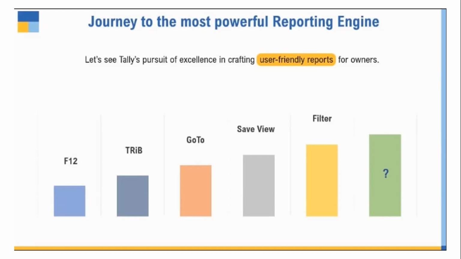The fourth point that Tally gave us is Save View. Before, when customers used F12 configurations, they were not able to save them. When they logged in again, they could not recall the configuration, which made it very difficult to see the reports. Even for management, when they used configurations in the format they wanted, the design would go off when they came out of the report.